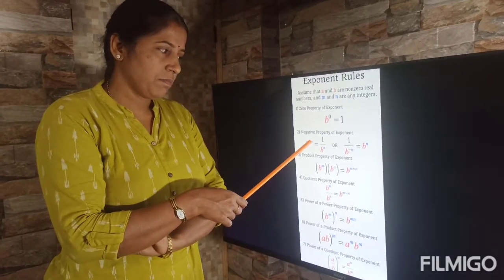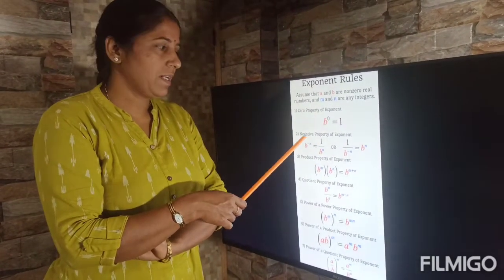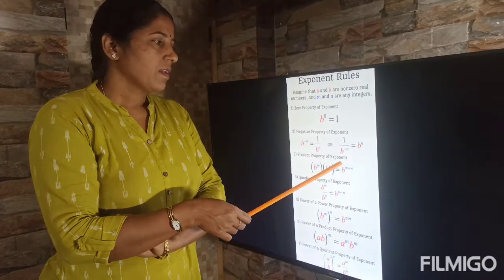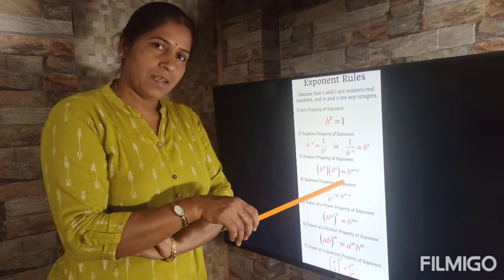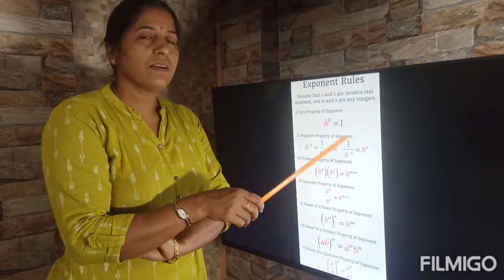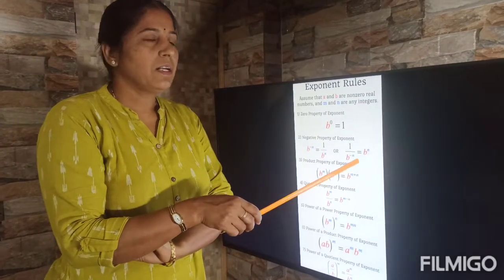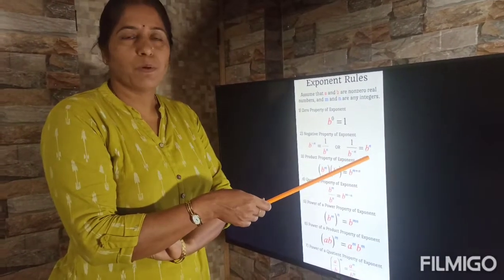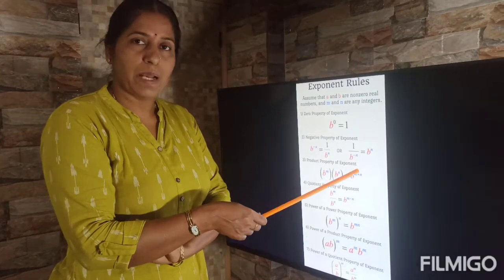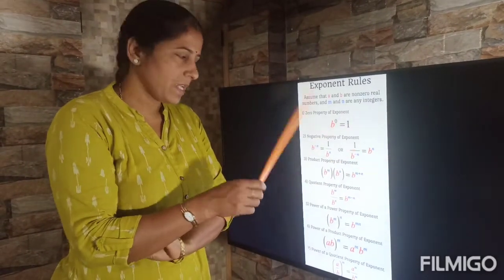Negative power becomes positive, minus n becomes plus n. If the power is negative in the denominator, we have to take it to the numerator, and that becomes positive. 1 divided by b to the power of minus n is equal to b to the power of n.